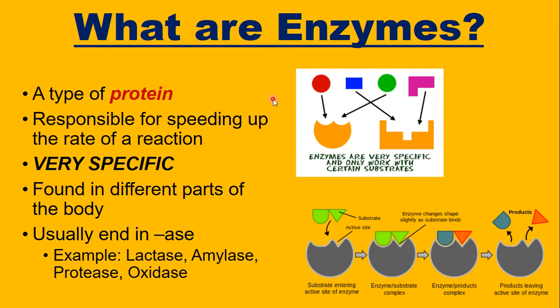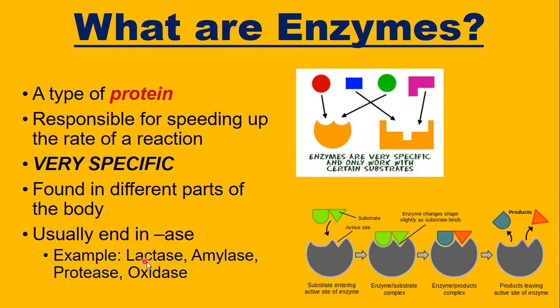They are very specific about a lot of things. If it's not fitting the specificness, it's not going to work. They're found in many different parts of the body, and they usually end in ASE. If it ends in OSE, you're looking at stuff that's a sugar, which would be a carbohydrate, and then the ASE is the protein or the enzyme that would break it down.